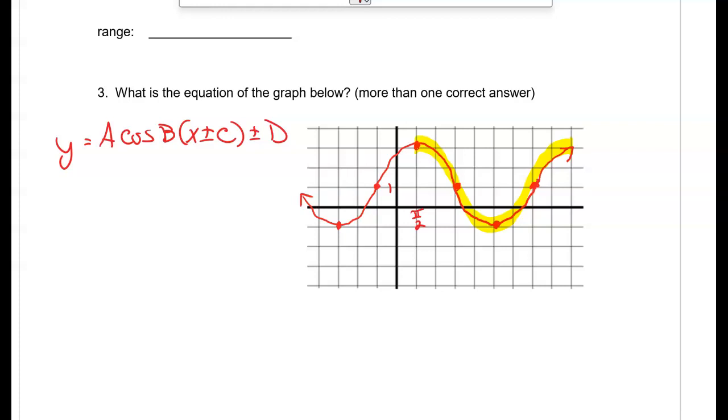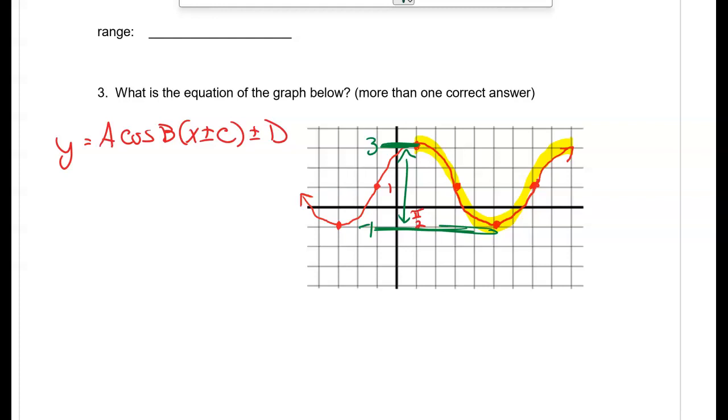Now, how can I go about solving for A in this one? Yeah, you should be able to look at the graph. Would you agree with me? This is over here at like a positive 3. Where's my minimum at, guys? At negative 1. How far apart are these two? Well, how far apart though? 4, which means my amplitude must be what?